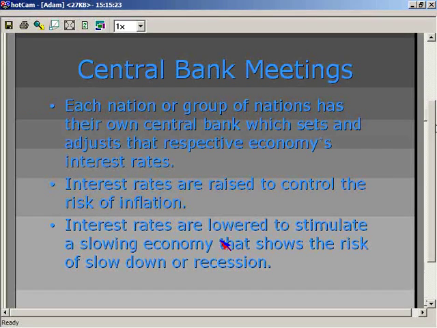What would you do if you had their job and you saw rising inflation, as I struggle with the English language, and at the same time, a slowing economy?